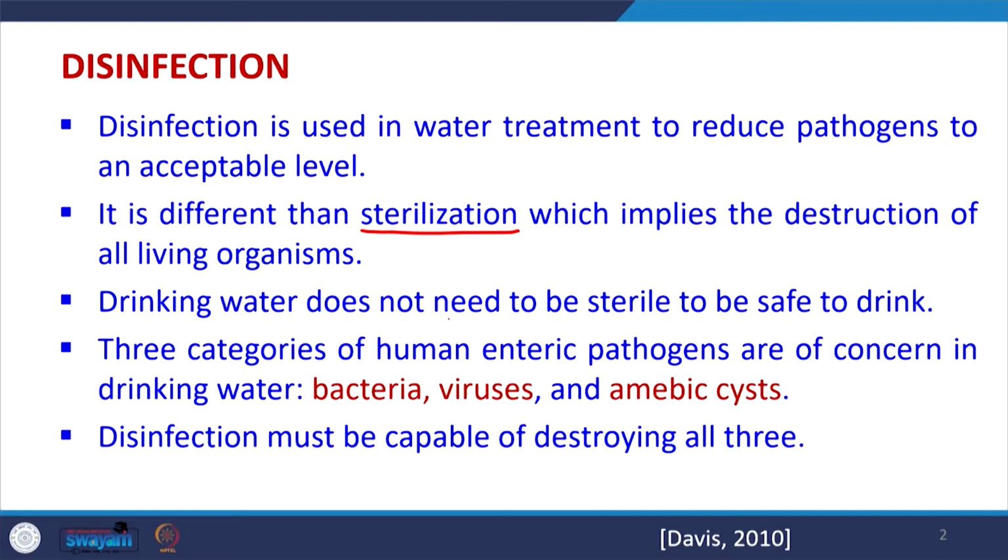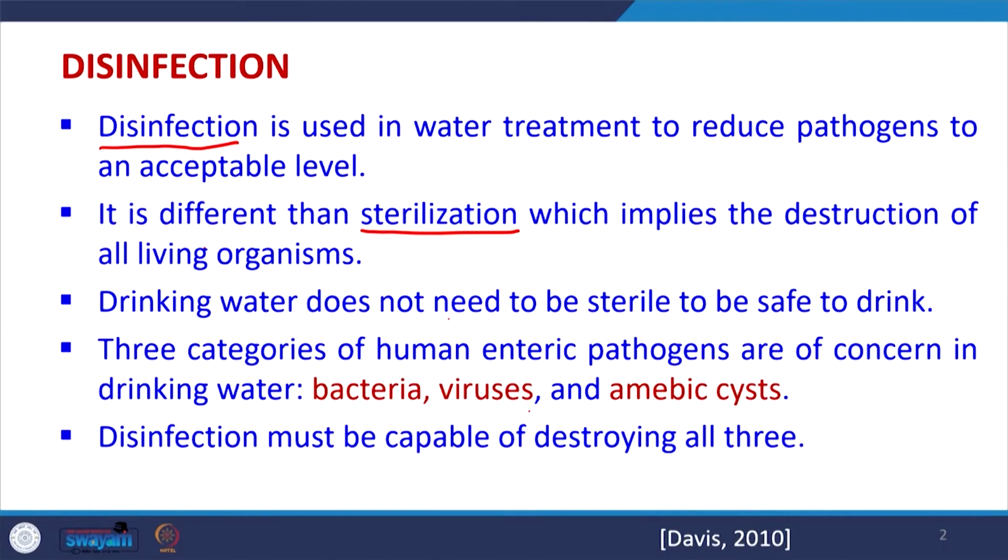So, sterilization and disinfection is little different. In the sterilization we want to destroy all the living organisms, whereas in disinfection we reduce them to within an acceptable levels. So, drinking water does not need to be sterilized to be safe for drinking.